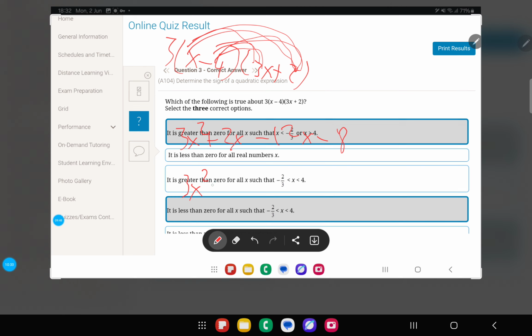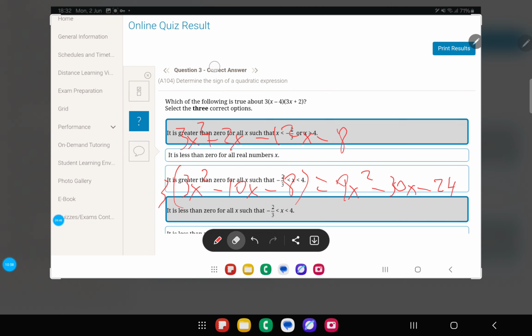So you're going to have the equation 3x squared minus 10x minus 8. Now all of this is multiplied by 3. We're going to multiply by 3, and we get 9x squared minus 30x minus 24. Now that we have this, we can factor it.